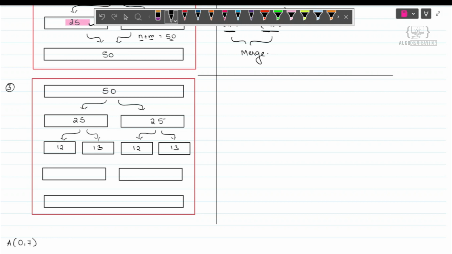Now we have to sort this first, so it will be 12 square. Then we have to sort this, that will be 13 square. Again we have to sort this array, that will be 12 square, and again this array, that will be 13 square.